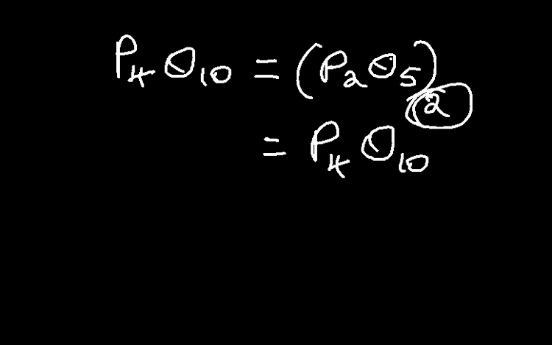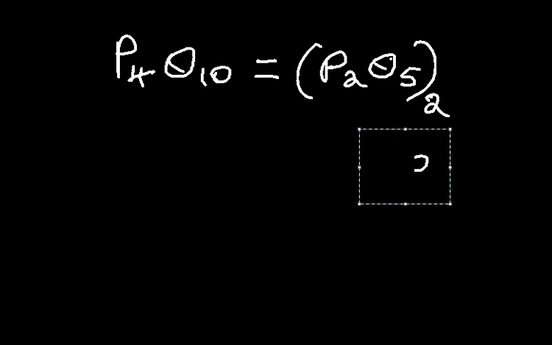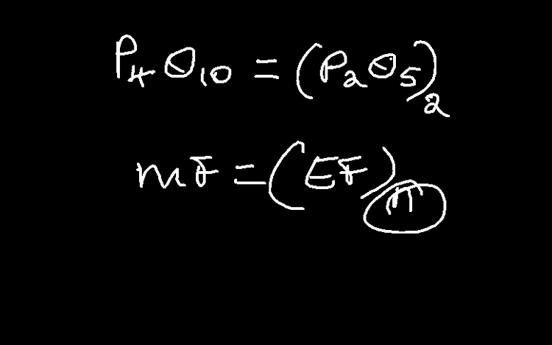And what is this one? That is the empirical formula unit. Which means what you have to understand is that the molecular formula of a compound is the same as the empirical formula times the subscript n, where n is the empirical formula unit.